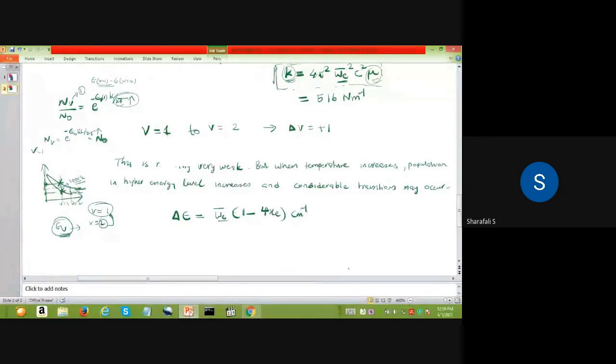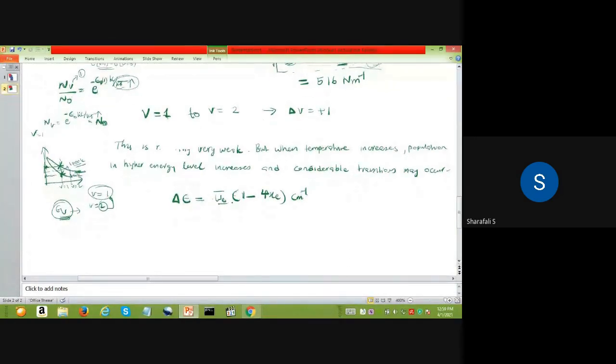So this kind of weak absorption is known as hot bands.